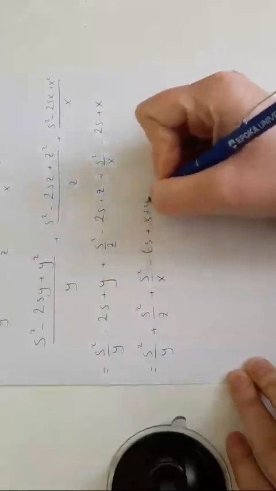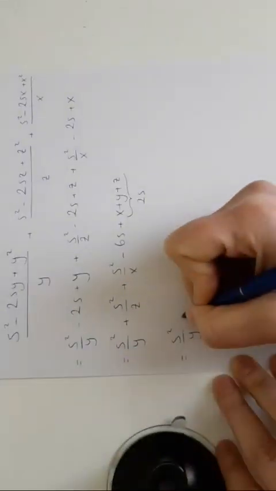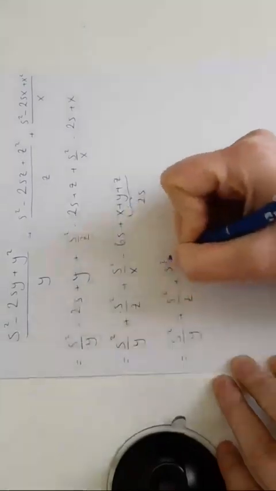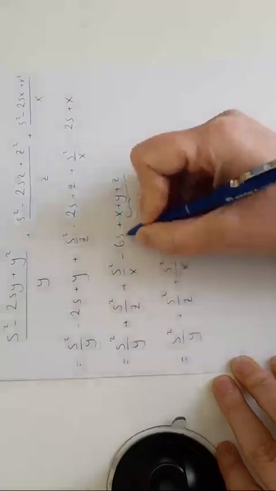So we said that x plus y plus z is 2s. So I will have here s squared over y plus s squared over z plus s squared over x minus 6s plus 2s.